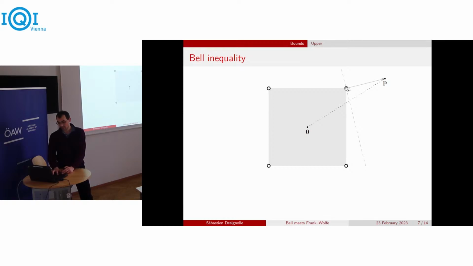Once I've reached the orthogonal projection of my point on the polytope, I can take the hyperplane that is perpendicular to this direction. This is a valid Bell inequality. It's going to separate my polytope from the point P. The problem, as you can see in this example, is that this hyperplane has no chance, in general, to be a facet, because it's of a lower dimension than the full dimension of your problem.